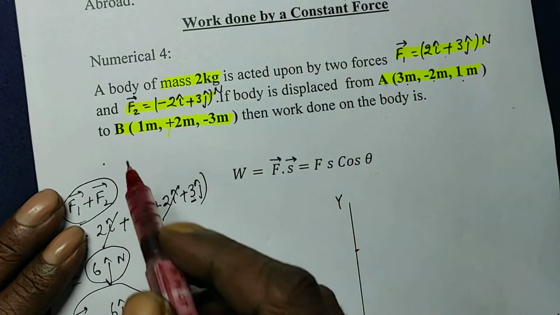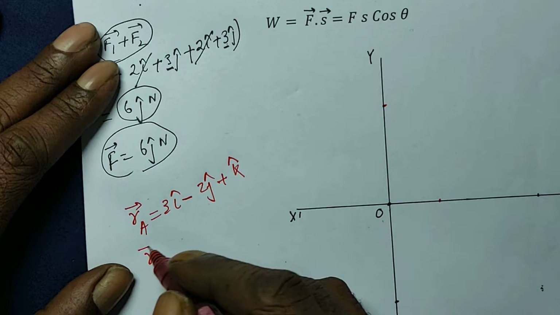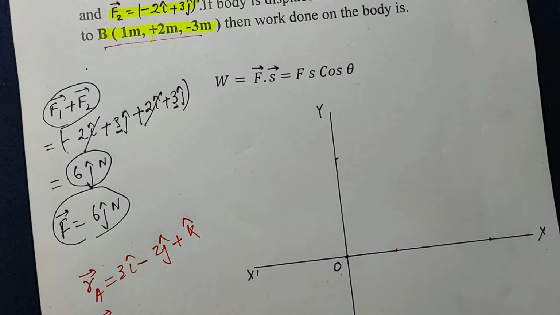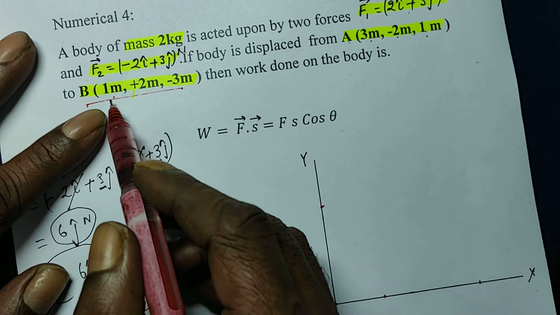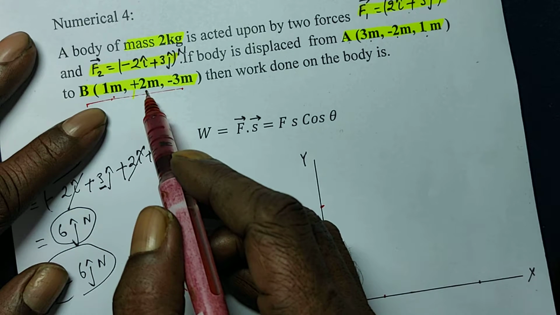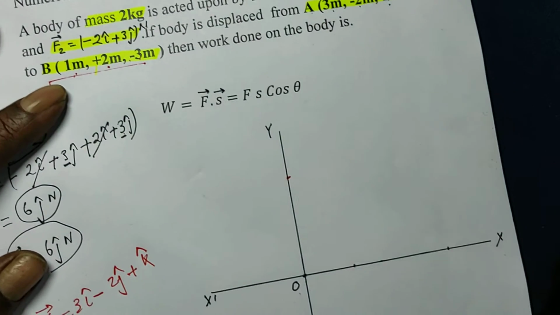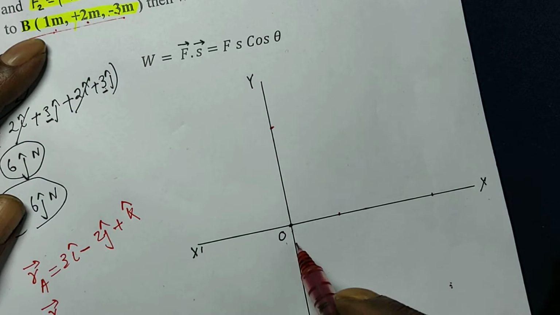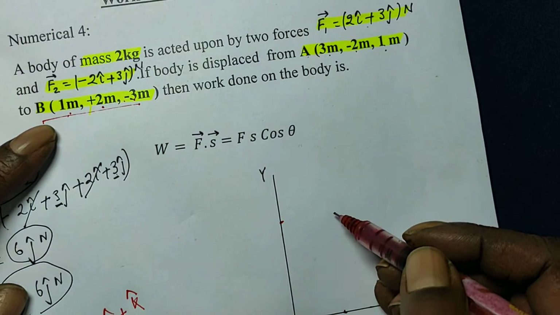Similarly, the position vector of B, let it be RB. Let me explain, it is very simple. 1 unit along positive x-axis, 2 units along positive y-axis, and 3 units along negative z-axis. So 1 unit to this side, then 2 units to this side.